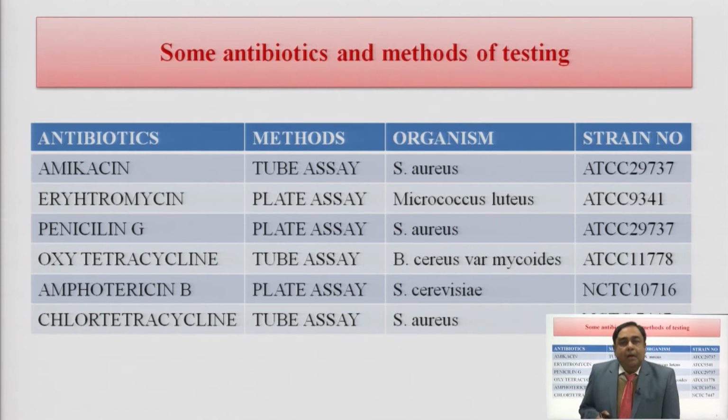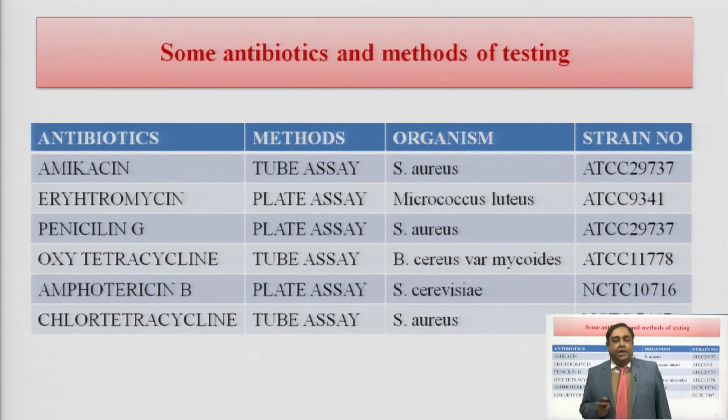Erythromycin is estimated by the cup plate method, where the microorganism recommended is Micrococcus luteus, American Type Culture Collection 9341. Similarly, penicillin G estimated again by cup plate method, where the microorganism recommended by IP is S. aureus ATCC 29737.